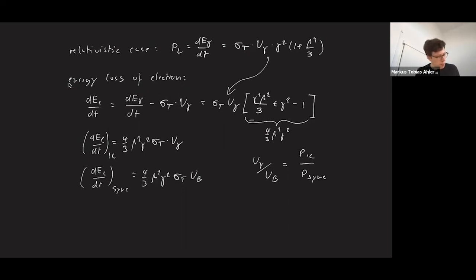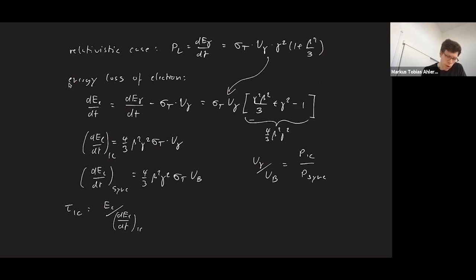So we can here also now look for the loss time scale of synchrotron emission. Sorry, not synchrotron, but inverse Compton emission. Again, this is simply E of the electron divided by dE over dt.